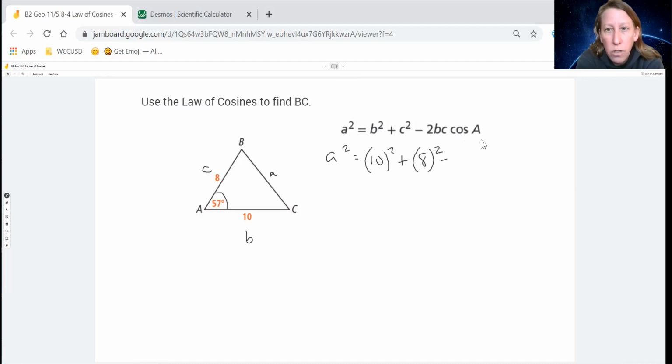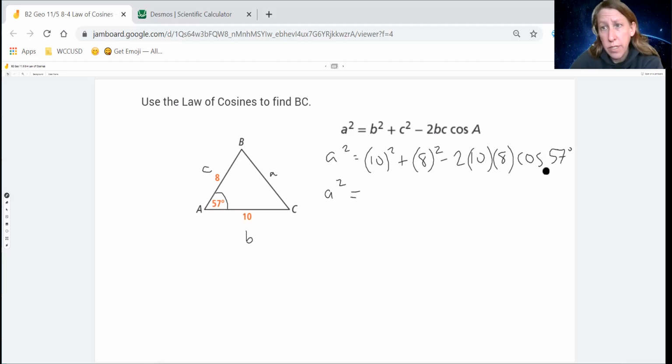All I'm doing is changing the values. B is 10, so I'm going to change this into 10. C is 8, so I'm going to change that into 8. And then I need the cosine of angle A. What's the measure of angle A? 57 degrees. So A squared equals all of this.